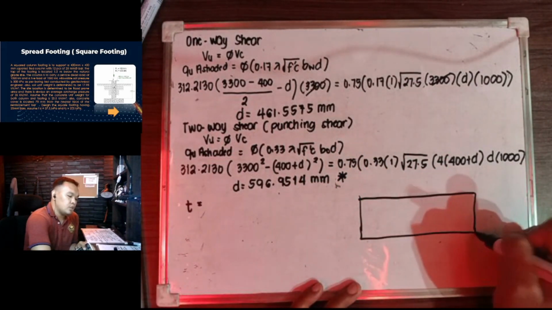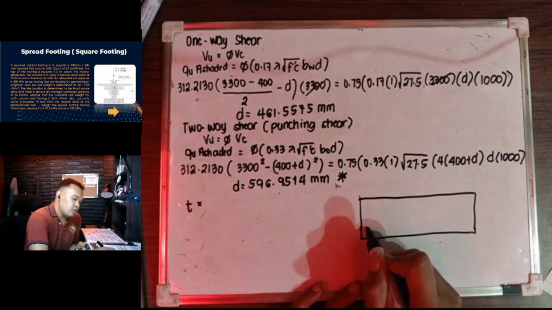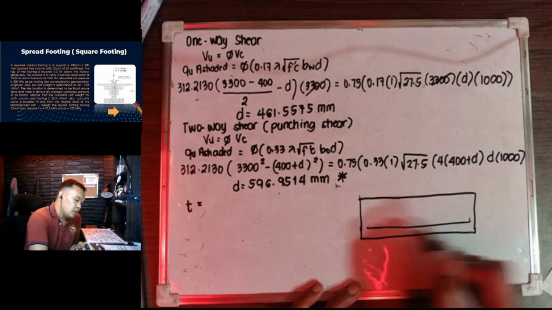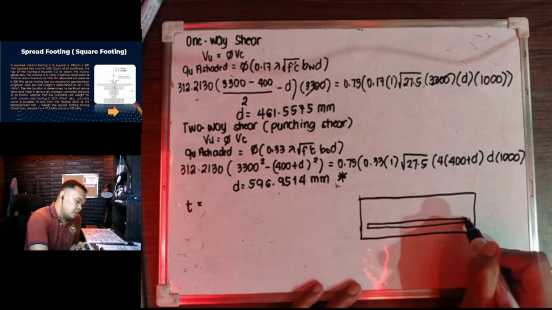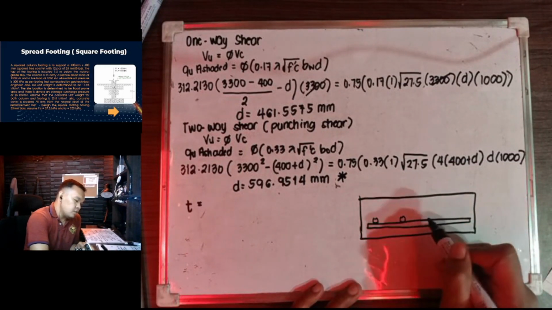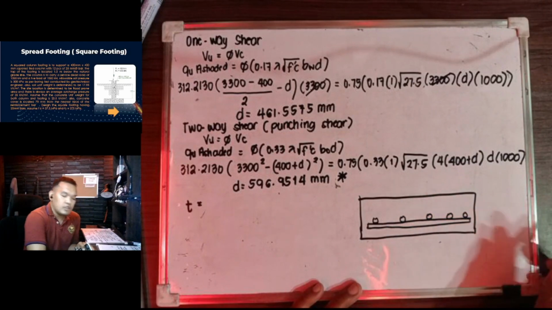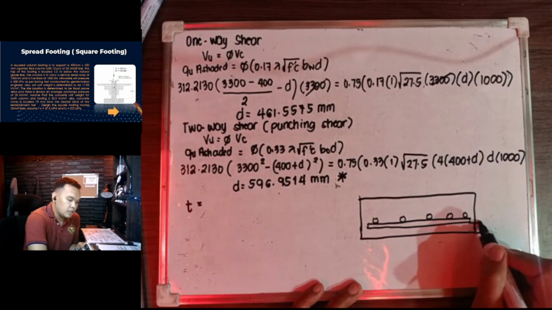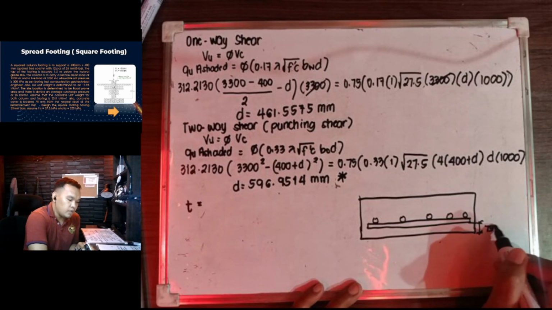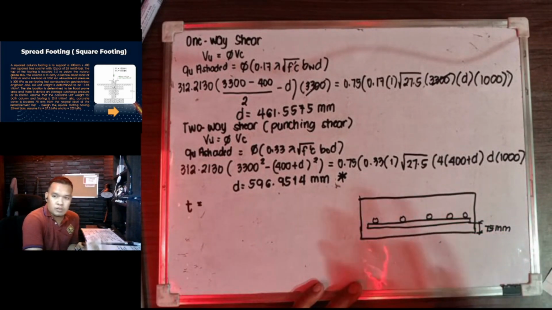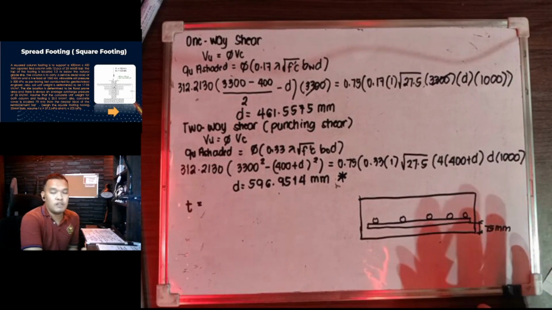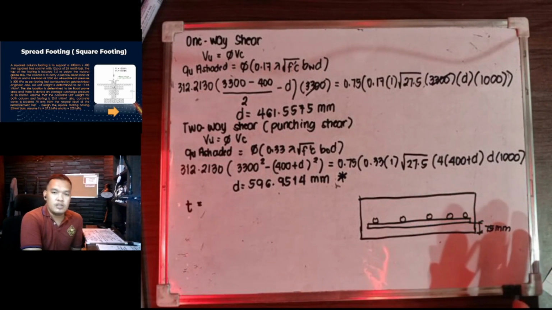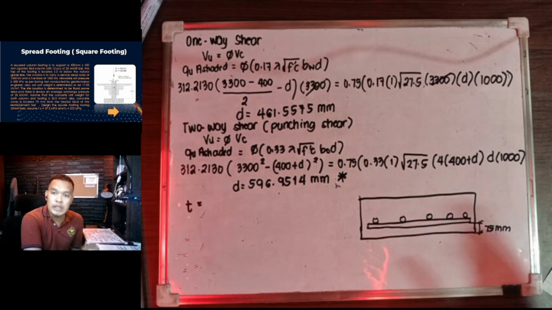So, kung ito yung pundasyon natin, so, kung meron tayong steel bar yan, tapos pag ganito, yung 75 mm daw natin is itong nanditong part. 75 mm.